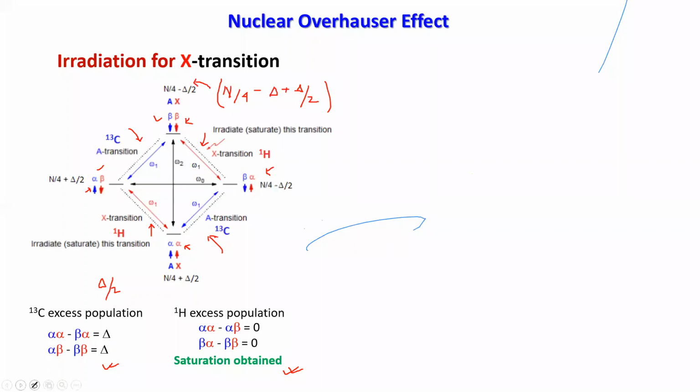Now, when this situation arises, what will happen? The system will try to undergo relaxation, to adjust the change in population.